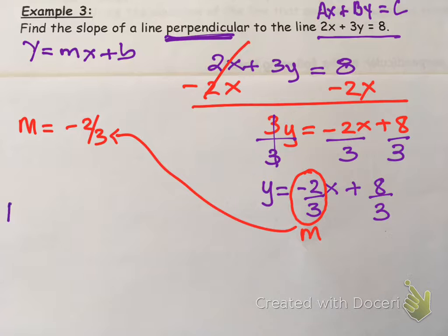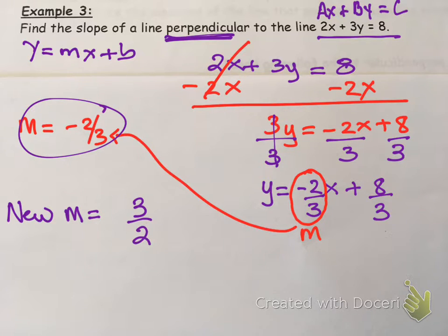That means my new slope will be the negative reciprocal of my old slope. Reciprocal meaning I flip the 2/3, so it becomes 3/2, and my sign changes from a negative to a positive, so my new slope is going to be a positive 3/2.